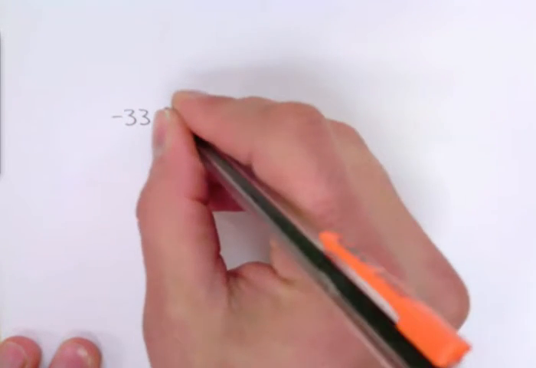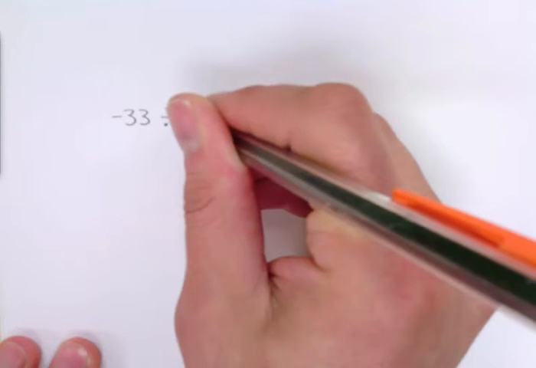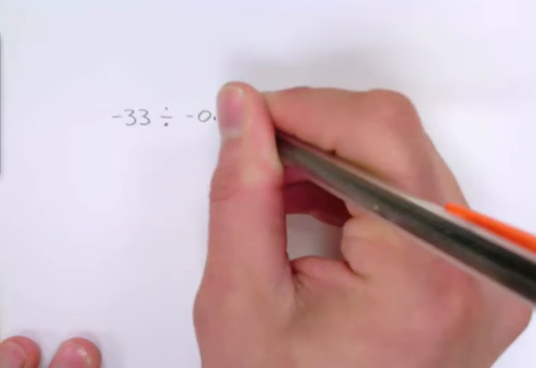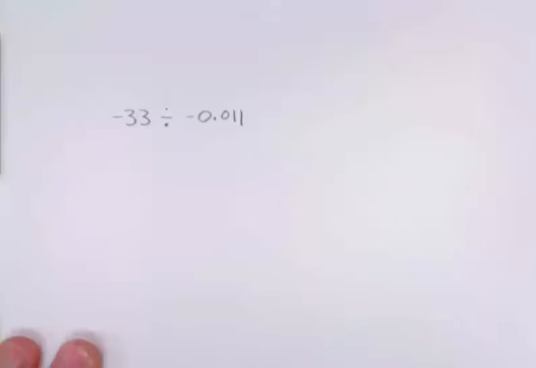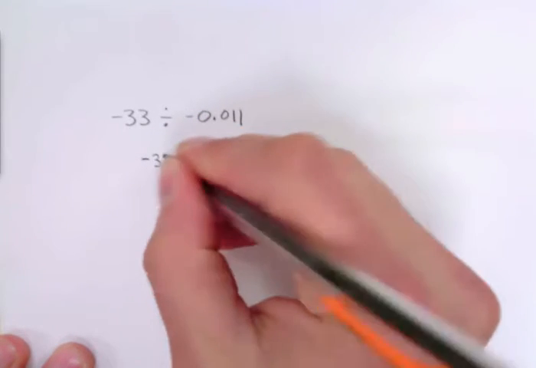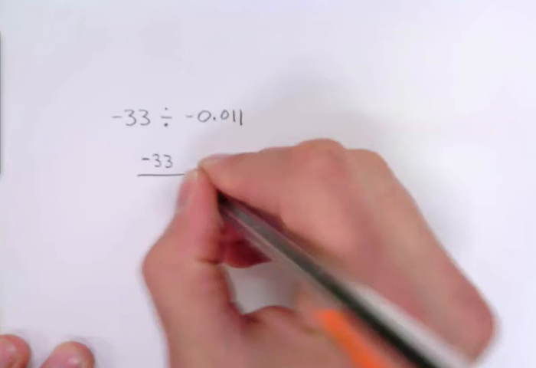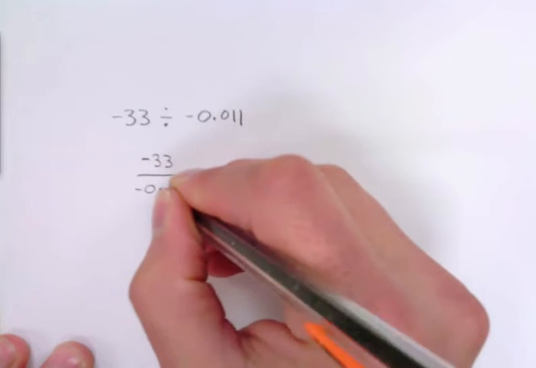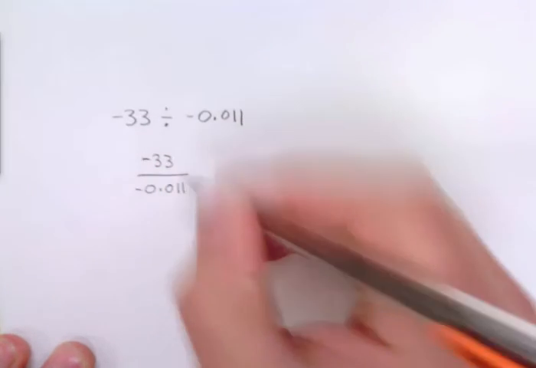Let's try my very last example. This one here, I'm going to have negative 33, and I want to divide it by negative 0.011. Okay? First step again, we're going to put it into fraction form. So we have negative 33 all over negative 0.011.